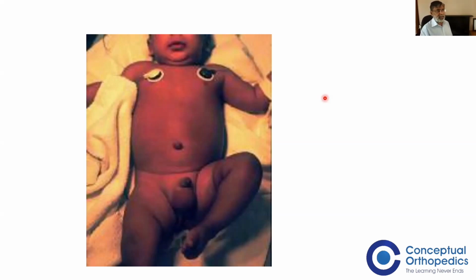He's not letting anybody touch his left leg. And the only significant history is that a week ago he had some upper respiratory tract infection, which got better with simple paracetamol. No other significant history either before birth or during birth. All injections have been given.